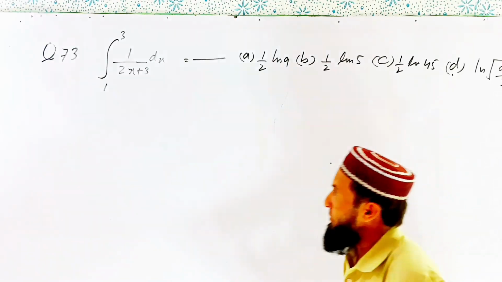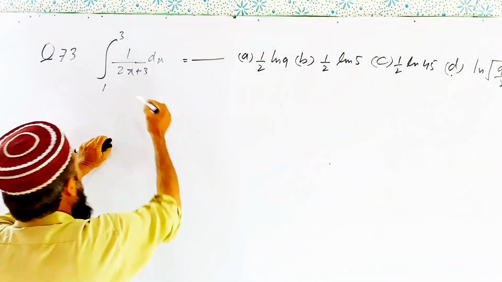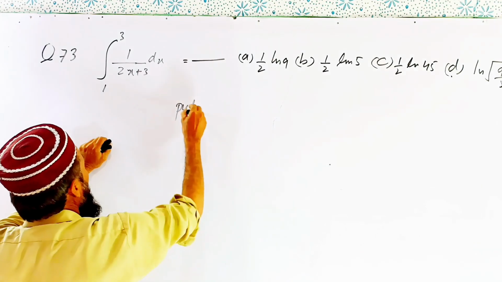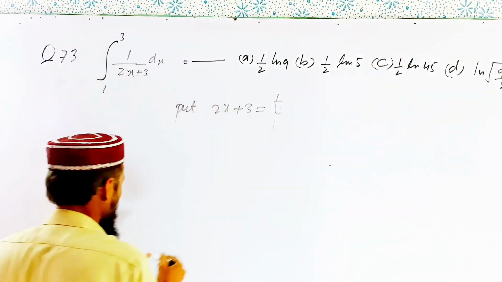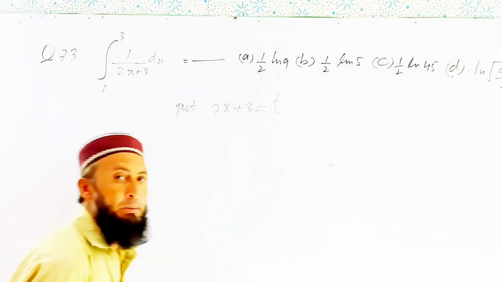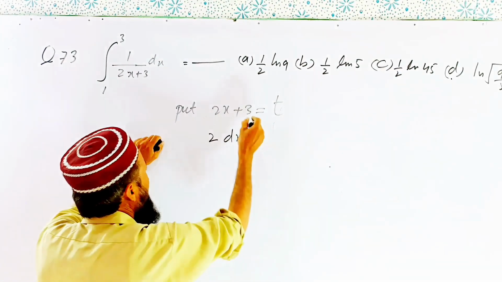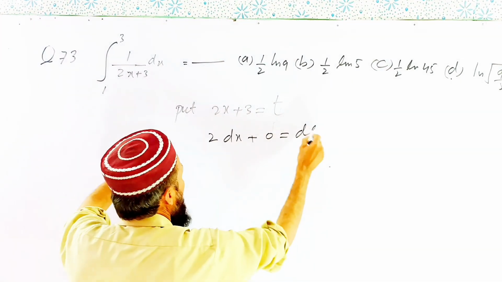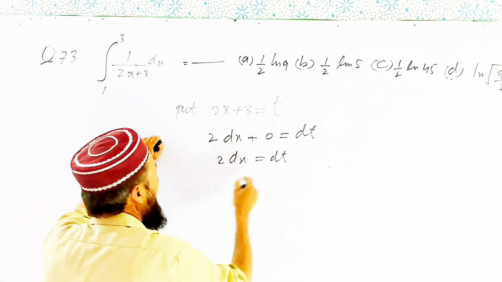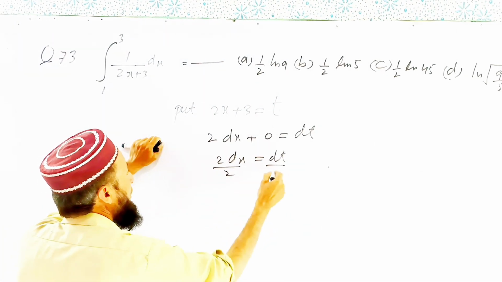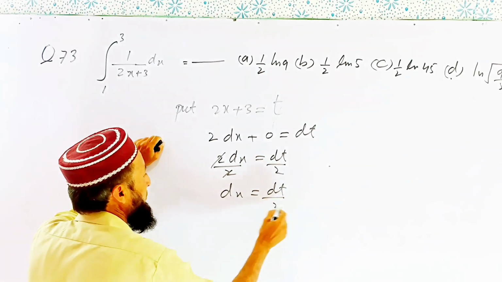What is the integration? We are using the substitution method here. Put 2x plus 3 equal to t. Differentiating with respect to x, we get 2 dx equal to dt, and the constant's derivative is 0. Dividing both sides by 2, dx is equal to dt divided by 2.